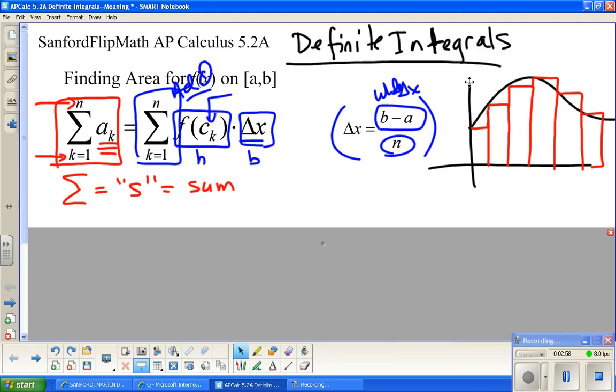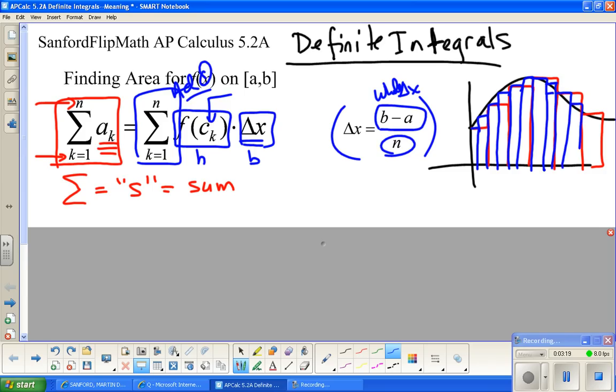I think we've talked about the fact that if we used more rectangles, we would get a better approximation. There wouldn't be so much error because we'd have a bunch of rectangles and they would be closer to the curve. Each time we do a rectangle, it's closer to the curve, and we could get even closer than that.